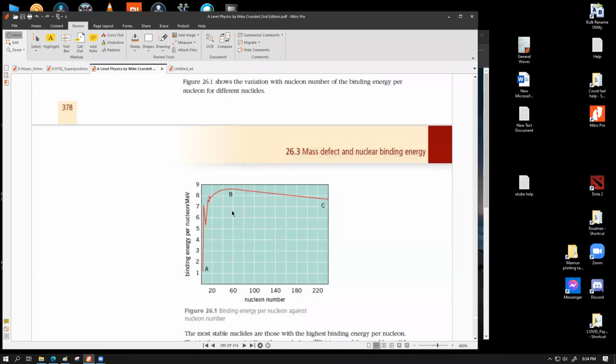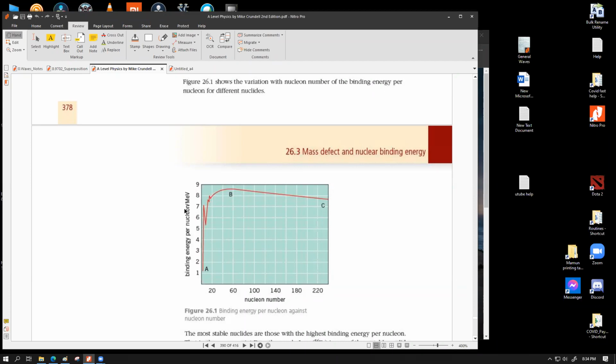They measured the binding energy of a lot of isotopes, pretty much everything that the scientists could get their hands on, and then they plotted the binding energy per nucleon. This is not the total binding energy, because the bigger the number of nucleons, the bigger the binding energy.